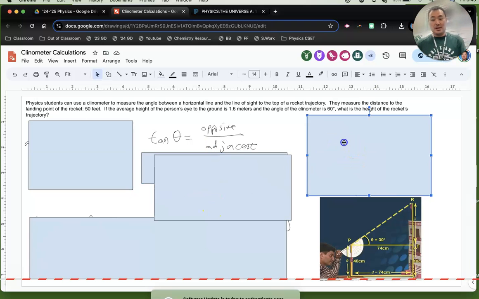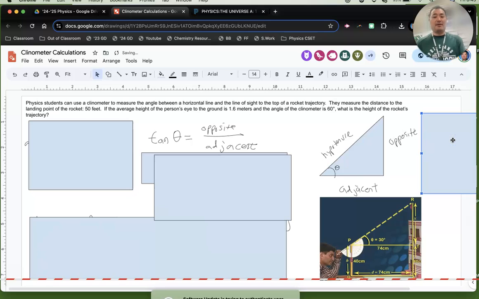Well, if you think of real life as triangles, especially the trajectory of a rocket, there are different sides of the triangle that are labeled opposite and adjacent. And of course there's hypotenuse, but actually I think I'm going to delete hypotenuse because we're not going to even use it.